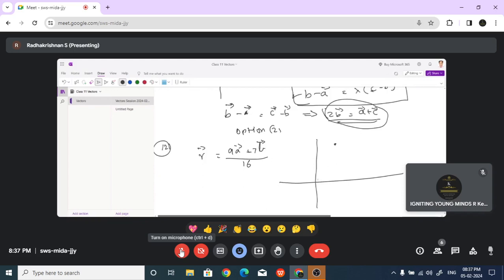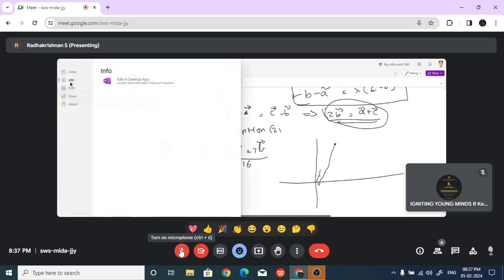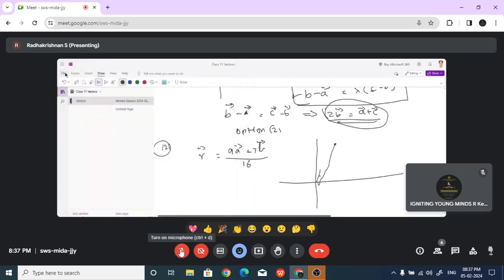There is a vector A, and this is your vector B. So there is a point here, which is your vector R.